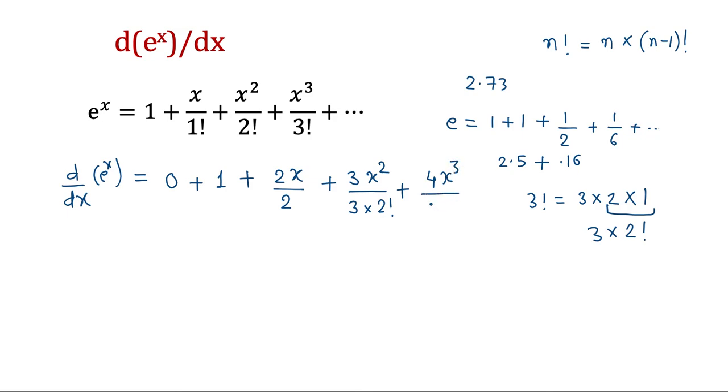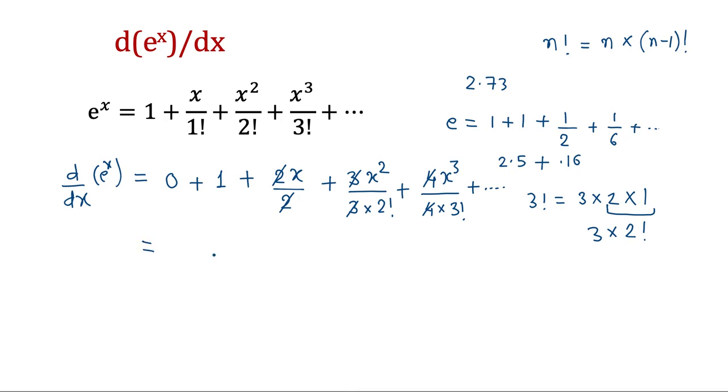And the denominator will be 4 factorial. So we can write it as 4 multiplied by 3 factorial. And this is an infinite series. It will continue. And why I'm splitting that n factorial into these two terms, let's see. In order to cancel these values. This 3 cancels this 3. This 4 cancels this 4.